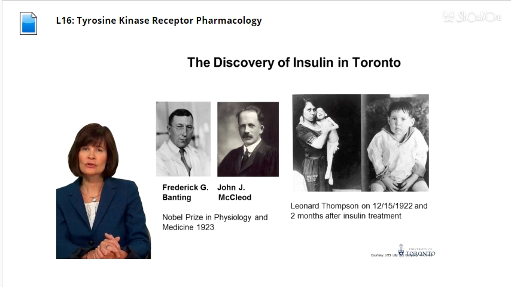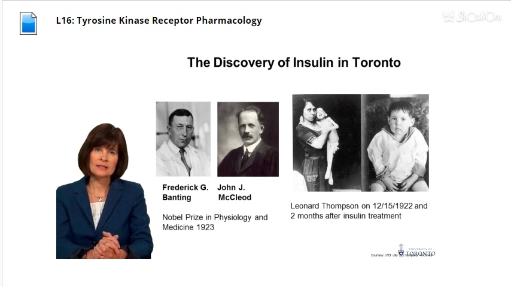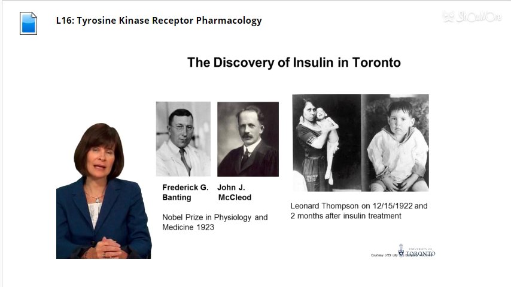The University of Toronto entered an agreement with Eli Lilly to mass-produce insulin, and it became available for the treatment of patients with type 1 diabetes in 1923. The discovery of insulin is still considered to be one of the greatest achievements of the University of Toronto and in fact of science in general, and there are several buildings at the University of Toronto that bear the names of Banting, Best and MacLeod.